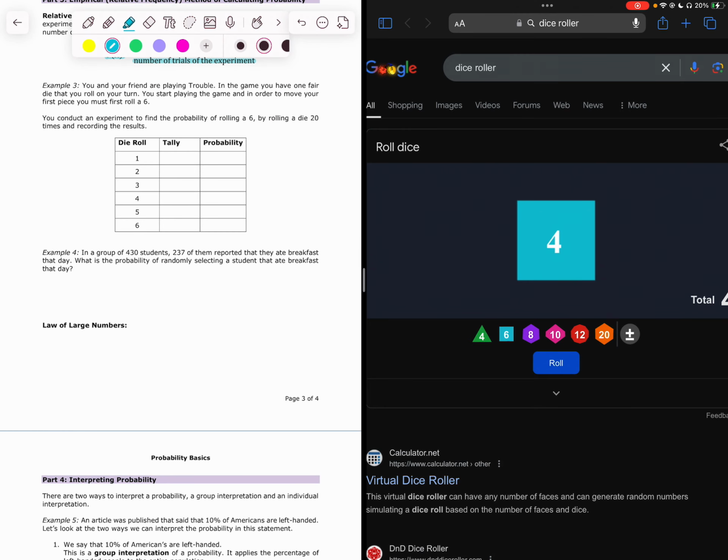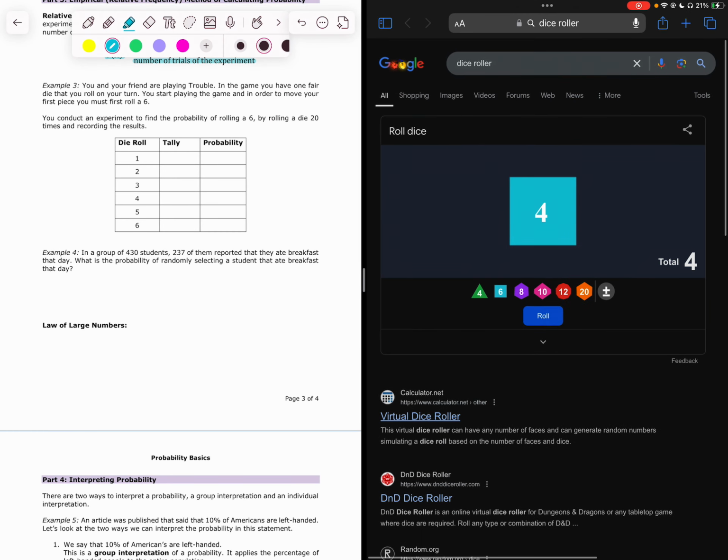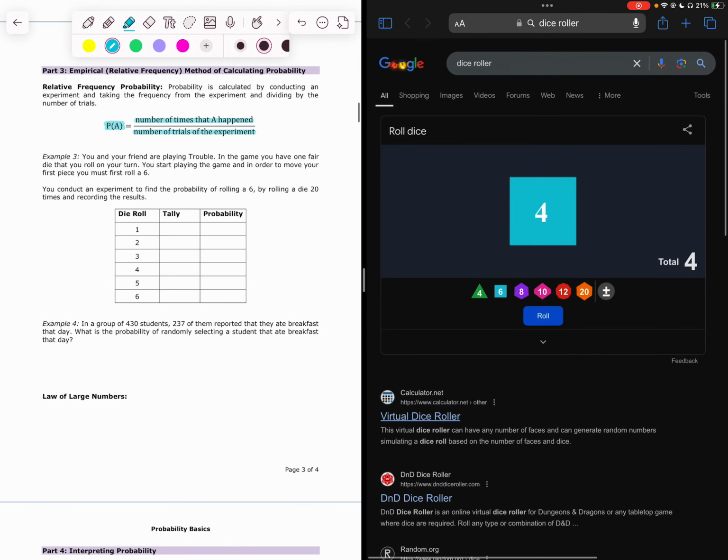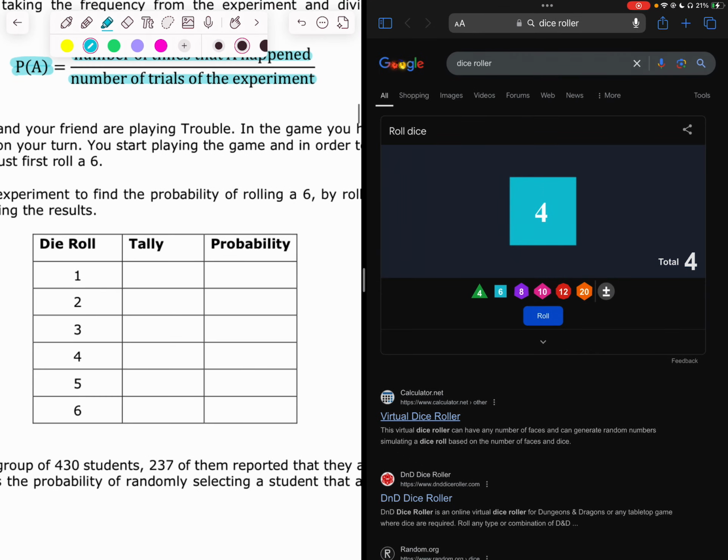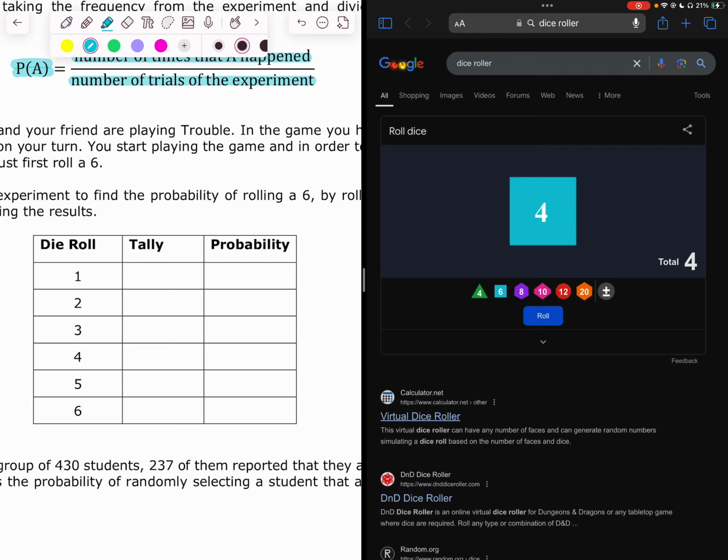So what I have here on my screen that I'm pulling up is a virtual dice roller. I'm going to make this a little bit bigger. And then on the right-hand side of my screen, I have Google pulled up. I just did a quick search of dice roller and Google has one built in. You can use all different types of dice.